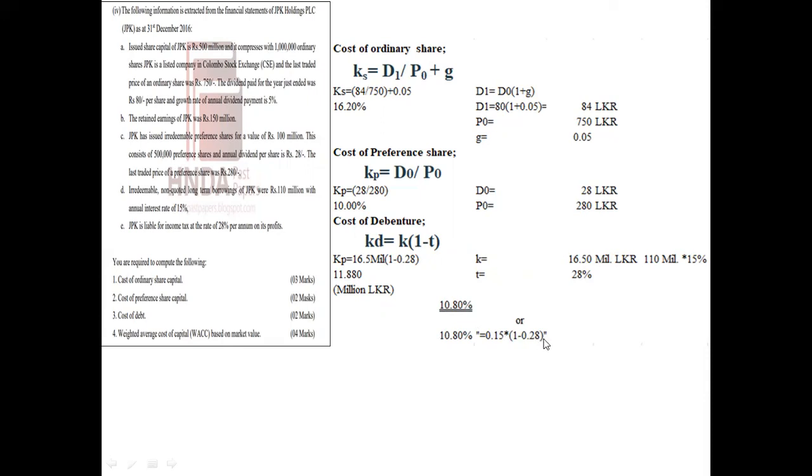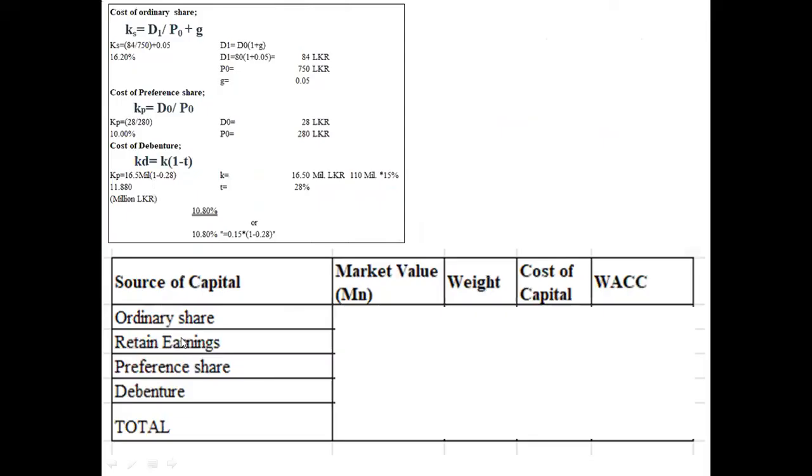Then if we adjust the tax for that, we can get the cost of debt, 10.8%. Now we have calculated the cost of capital for each and every source. At the end, they are asking for the weighted average cost of capital. Now we can go for the calculation of the weighted average cost of capital.